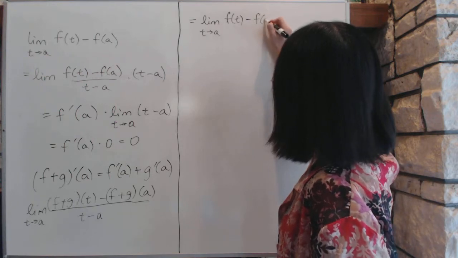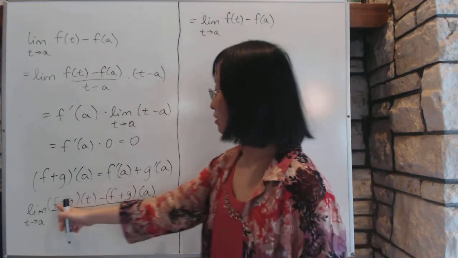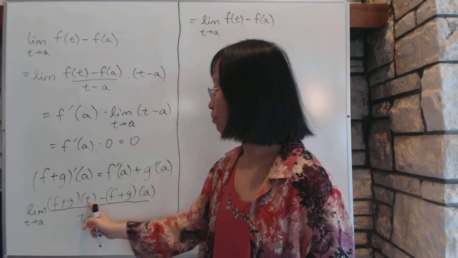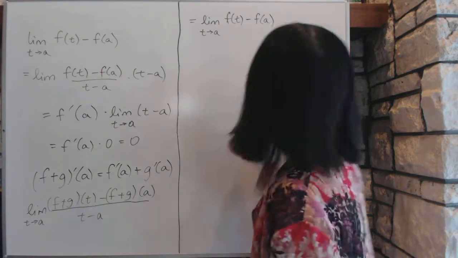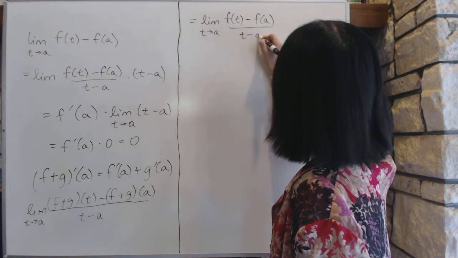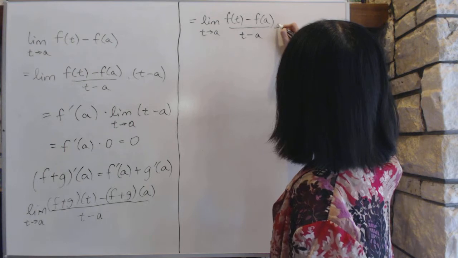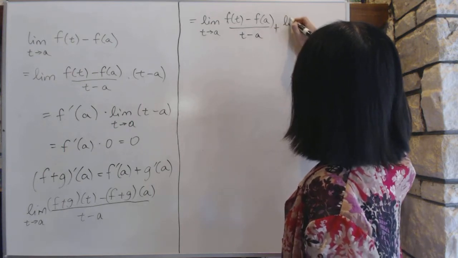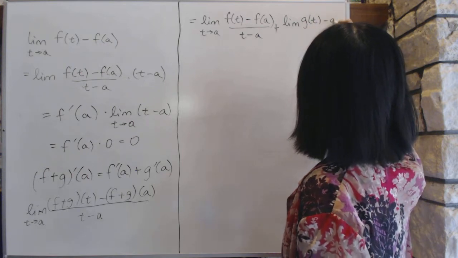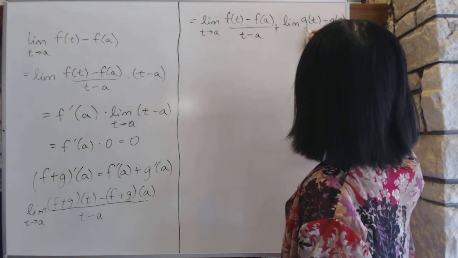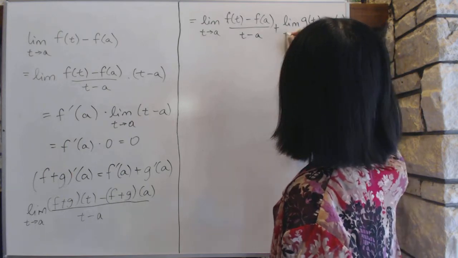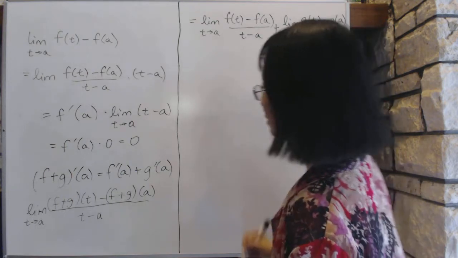Notice this is function notation, which means the two functions are both evaluated at t. So then this is divided by t minus a, and then plus the limit of g of t minus g of a over t minus a, with t going to a in both cases.